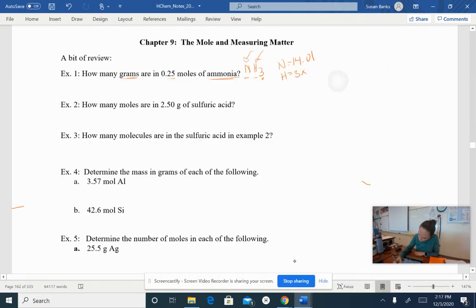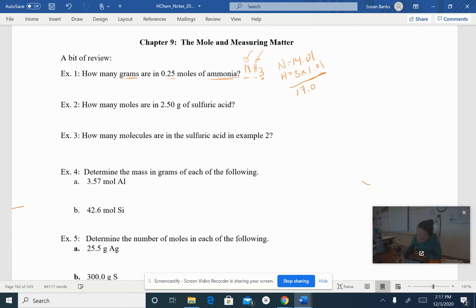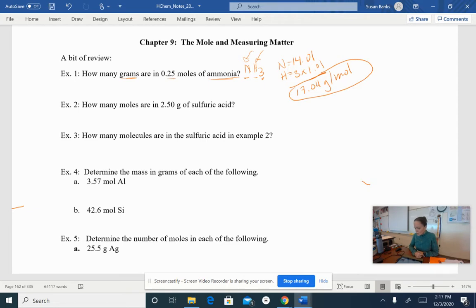So we're going to add all of that up together. 14.01 plus 3.03, because 3 times 1.01 is 3.03, that will get us a grand total of 17.04 grams per mole. Now this is the molar mass ratio that I want to be able to use.